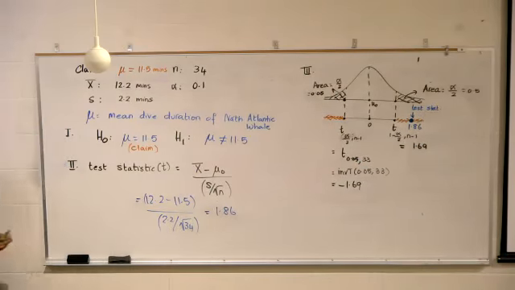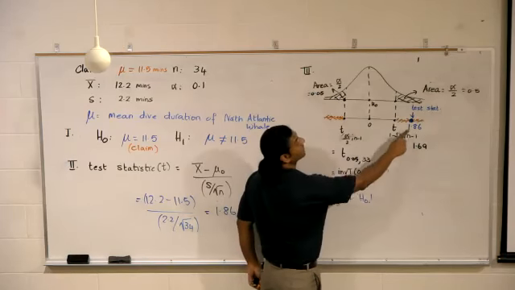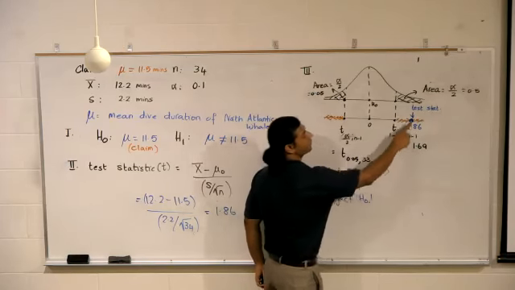So we will have to reject the null, because the test statistic falls in the rejection region. We haven't gotten to the p-value part yet.